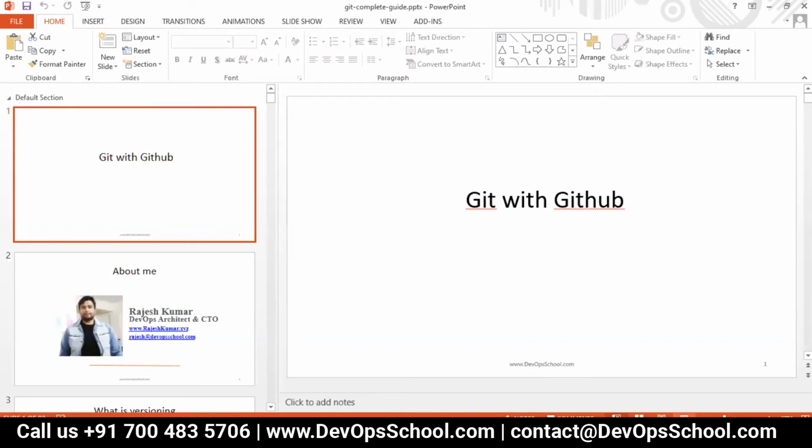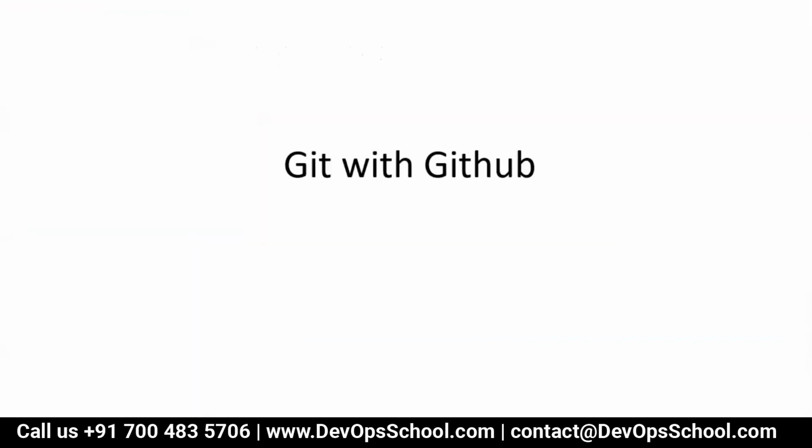Okay, guys, so today we're going to spend some time with Git and with GitHub, right? We are going to understand what is Git, why do we need it, and how to work with Git. And then we're going to understand what is GitHub and why do we need it and how to use it.